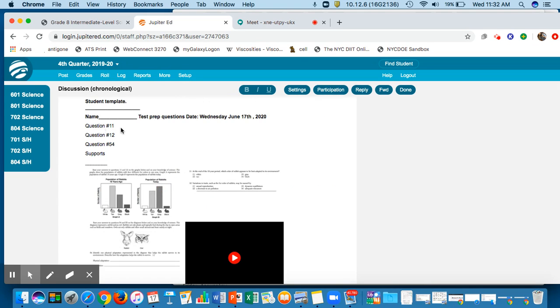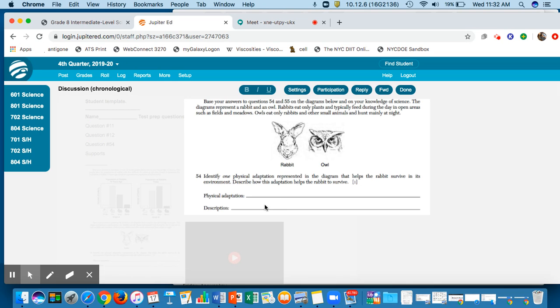I only gave you 3 questions because mostly I want you to work on question 54. So let's read it. Base your answers to questions 54 and 55 on the diagrams below and on your knowledge of science. The diagrams represent a rabbit and an owl. Rabbits eat only plants and typically feed during the day in open areas, such as fields and meadows.